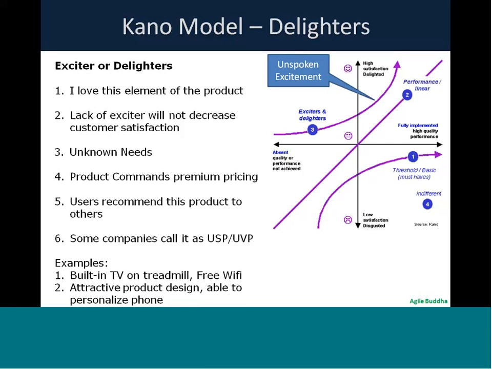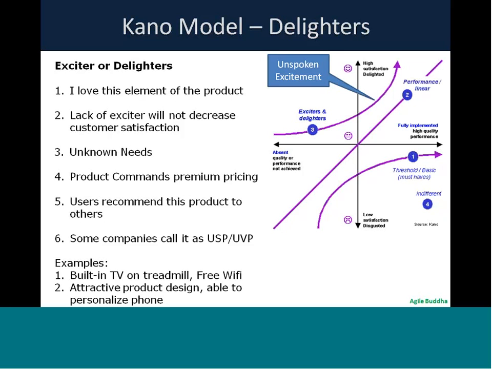A product example could be an attractive product design, or that you are able to personalize your phone, or your phone is a touch phone. So these are some of the delighters. Now, what's interesting is that you could say a touch phone was an exciter a year or two back, but is it an exciter anymore?